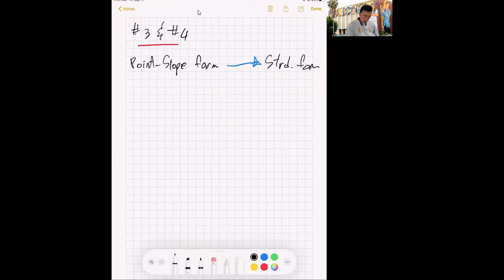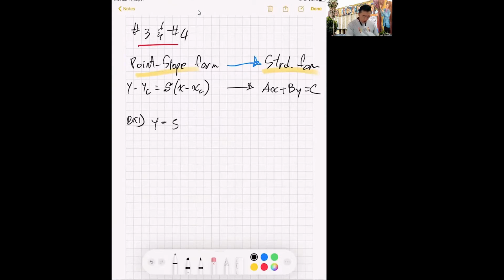That means they're going to give it to you like this: y minus y coordinate equals slope times x minus x coordinate. You have to change it into ax plus by equals c. So let's check it out here. How do we do that? Example number 1.